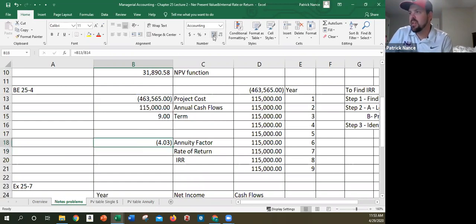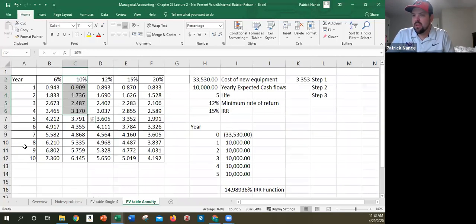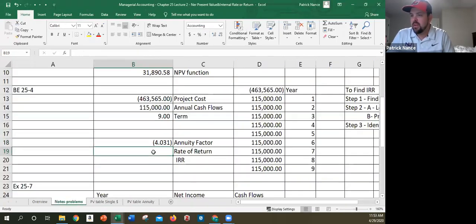You can either switch to positive, or you can just assume it's a positive number, but 4.031. So then I can go over to the tables. Again, we'll look at the annuity factor table, and the term is 9 years. So I'm going to go to 9 years. I'm going to look for whatever's closest to 4.031, and that would be 20%. So the IRR is 20%.